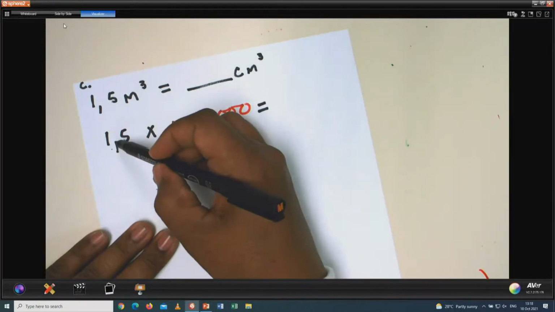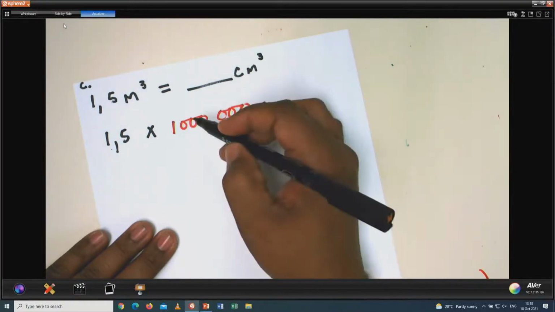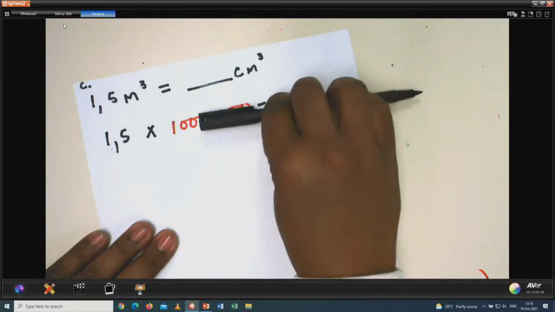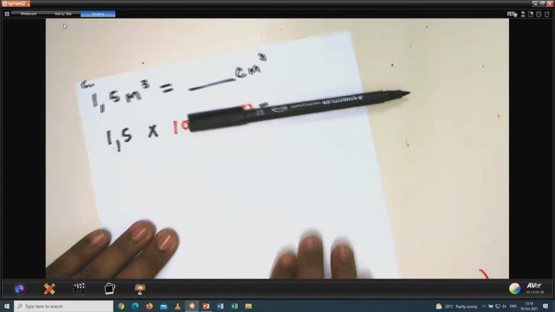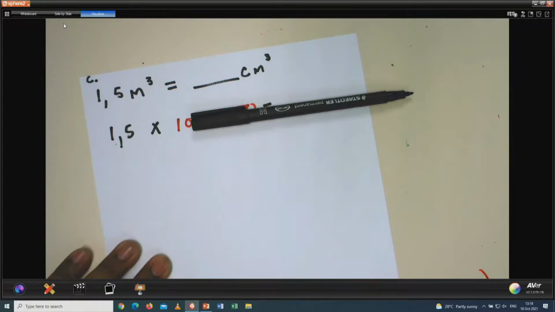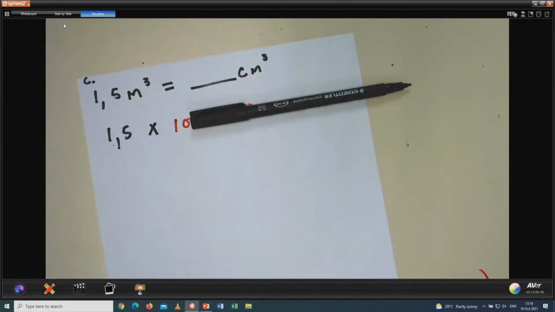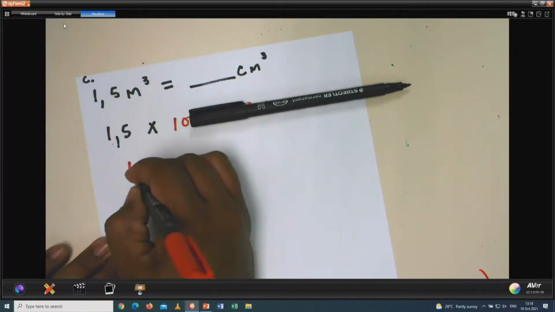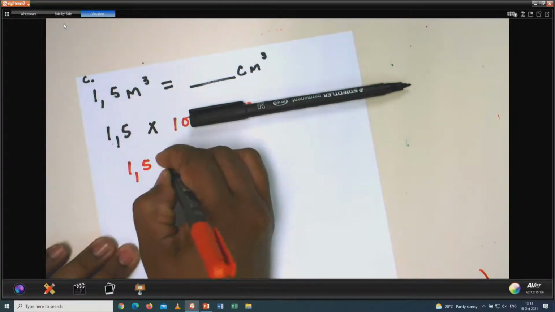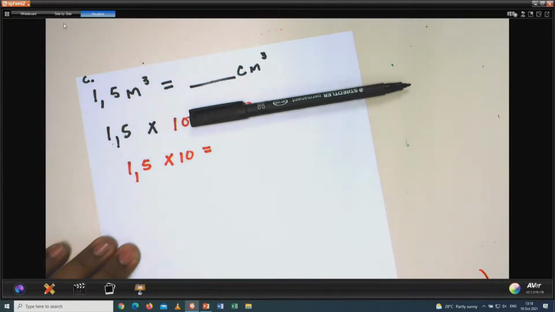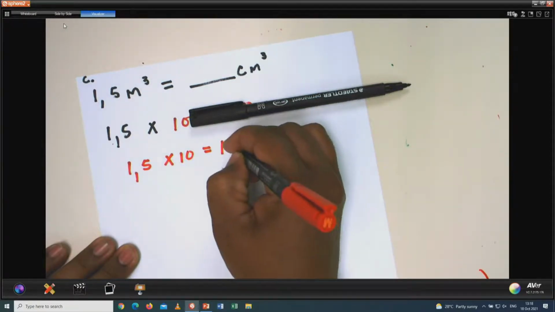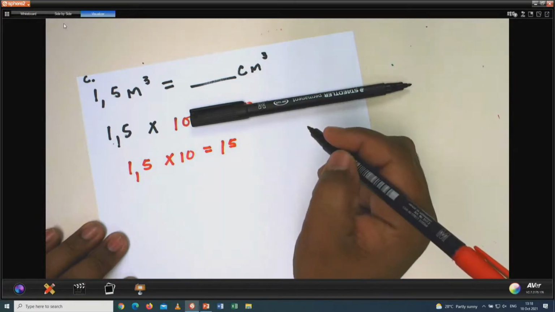If it was 1,5 multiplied by 10, let us for now turn a blind eye on the other zeros, what would the answer be? 1,5 times 10, definitely it will be 15.